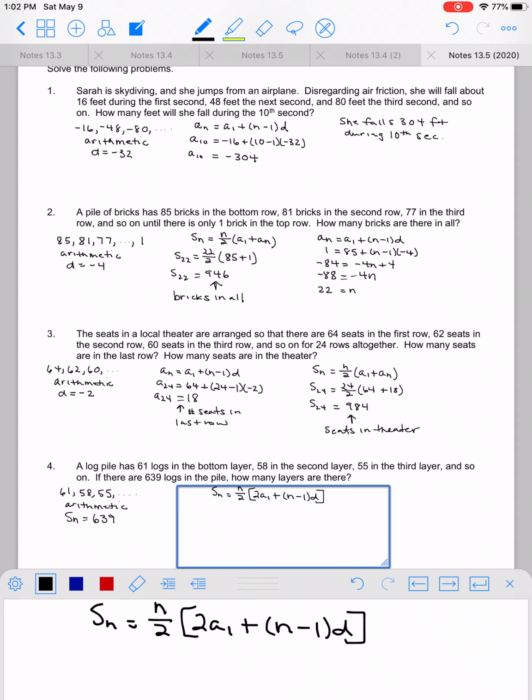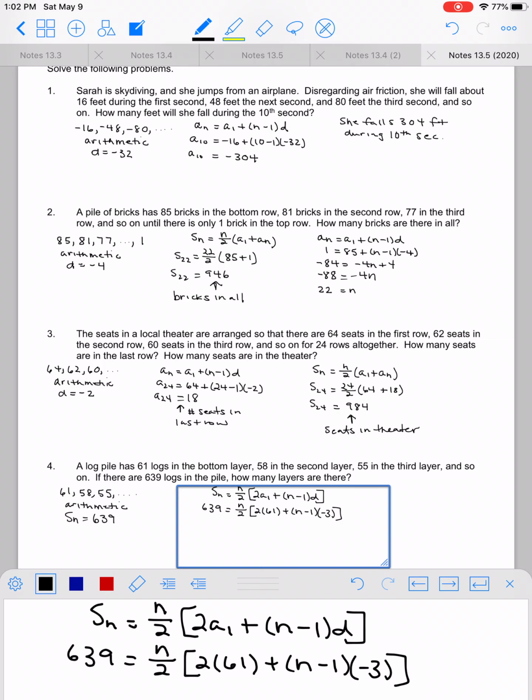Now let's plug in what we know. 639 goes over here. N over 2, 2 times 61 plus n minus 1 times the common difference. We're going down by 3, so negative 3.